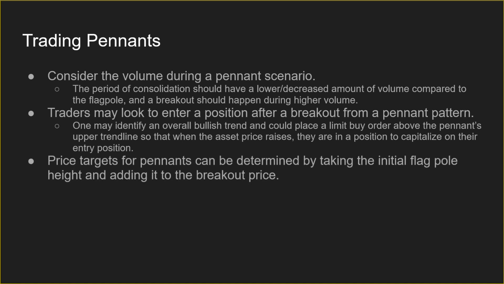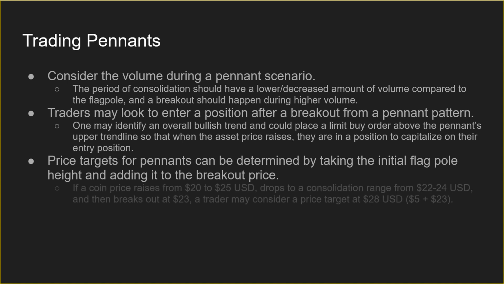Price targets for pennants can be determined by taking the initial flagpole height and adding it to the breakout price. In this instance, let's say a coin price rises from $20 to $25, drops to a consolidation range from about $22 to $24, and then breaks out at $23.